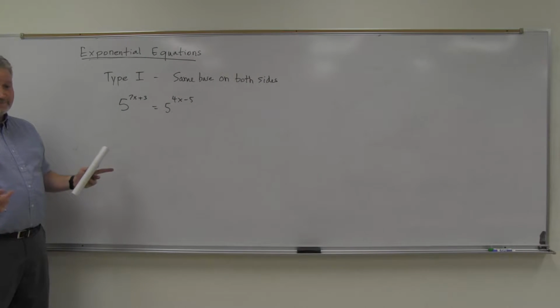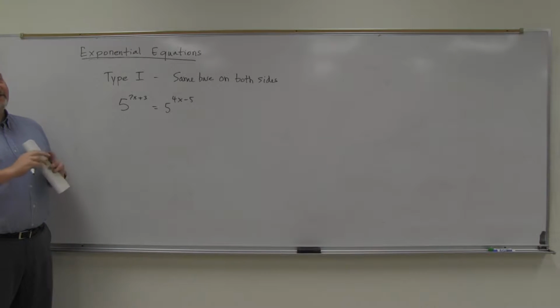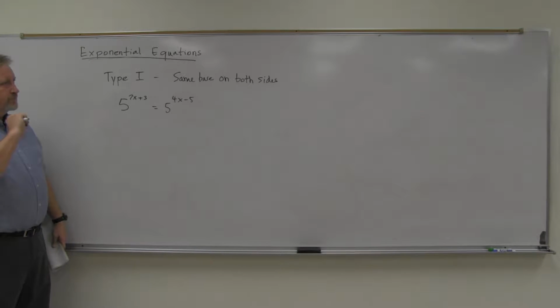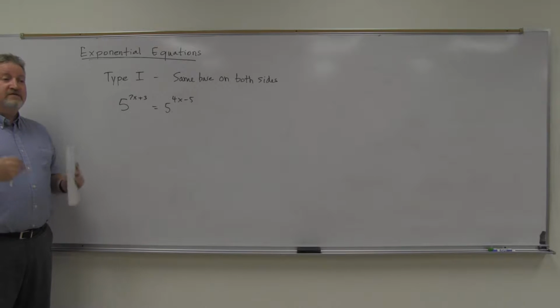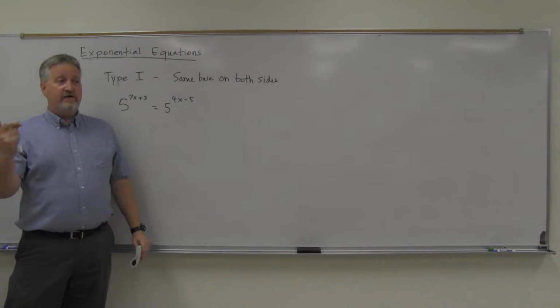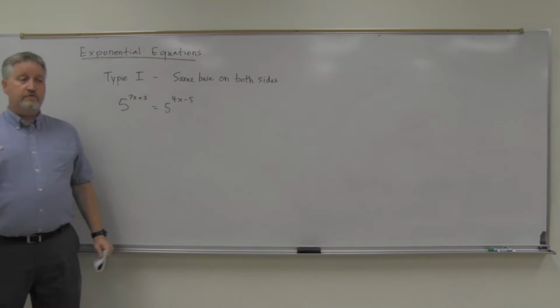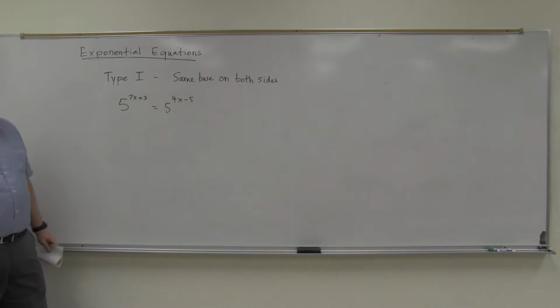Now, when we have the same base on both sides, that's a very nice case to have because of the nature of exponential functions. We hadn't talked about them being what's known as one-to-one, but because they are one-to-one functions, if you've got an x value, it goes to one y value. There's no secondary y value that it could equal like some other functions.